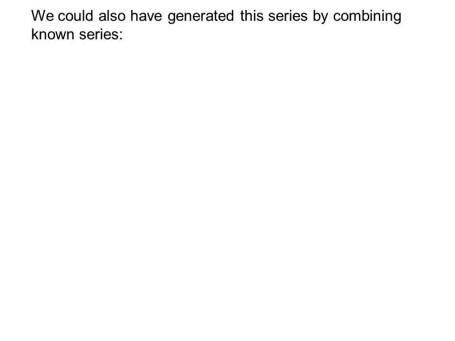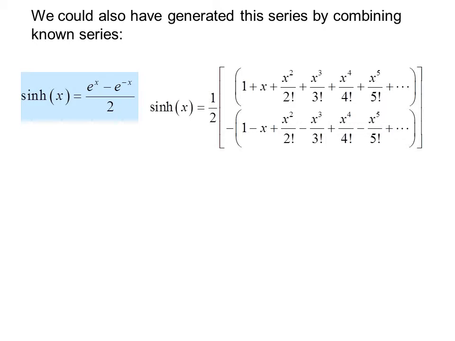We could also have generated this series by combining known series. Sinh x equals e to the x minus e to the negative x over 2 is just 1/2 times the difference between the series for e to the x and the series for e to the negative x.